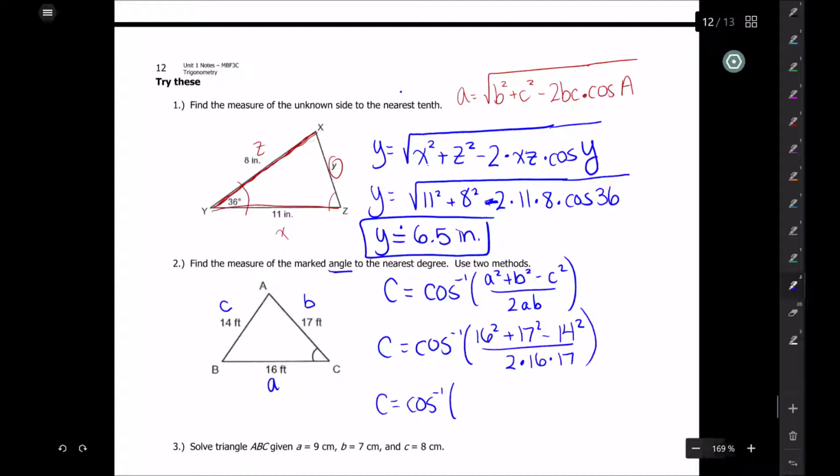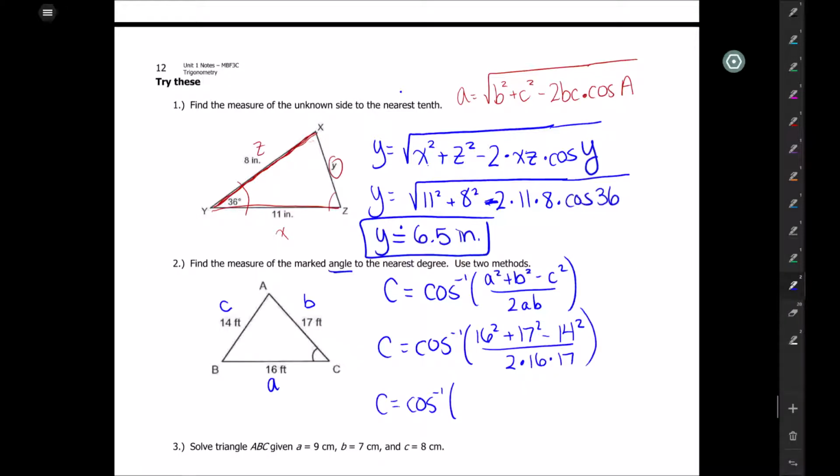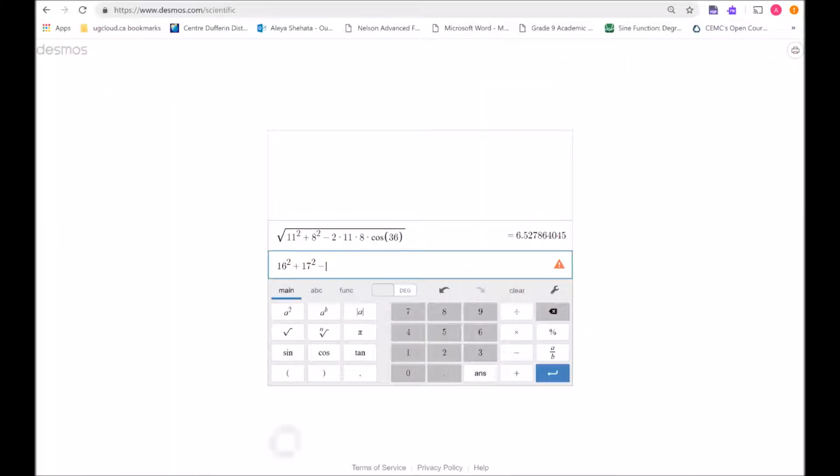So I'm going to type in 16 squared plus 17 squared minus 14 squared into my calculator here, and we end up getting 349.